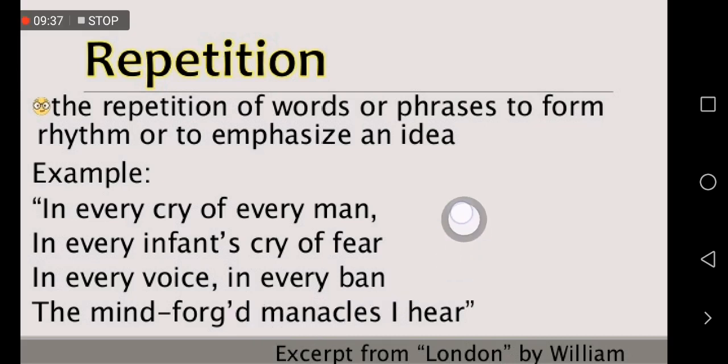Then we have this word, repetition. The repetition of words or phrases to form rhythm or to emphasize an idea.